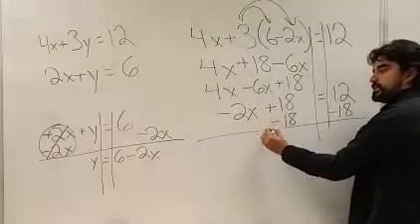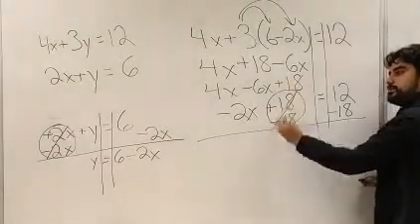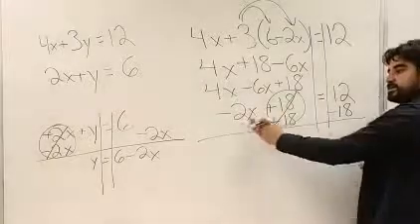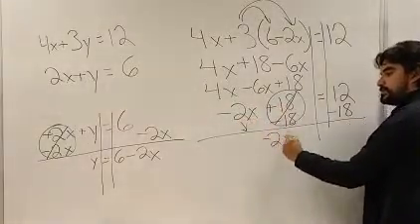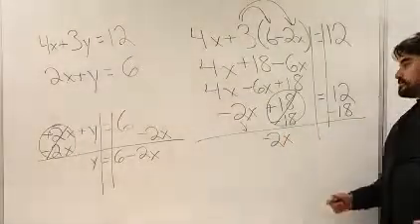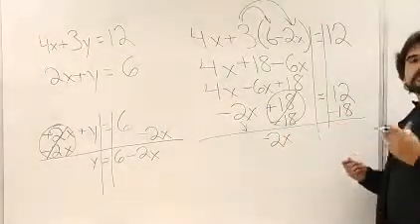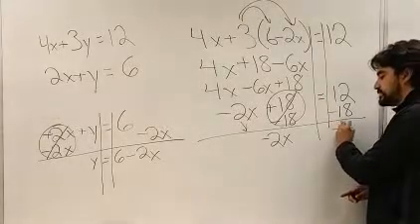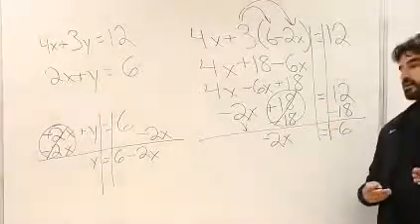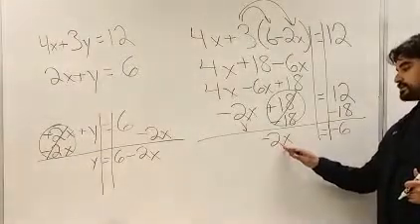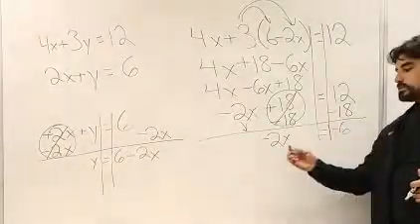Positive 18 minus 18 is 0. I haven't done anything to my negative 2x, so I'm going to drop it. Now, 12 minus 18 gives you negative 6. Now we have negative 2x equals negative 6.